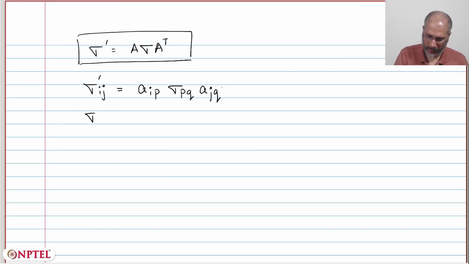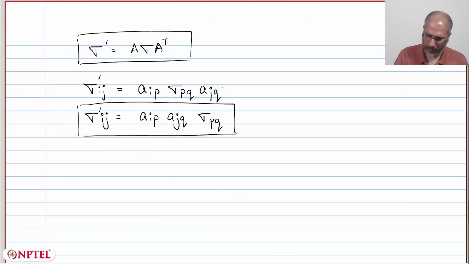We typically tend to write this with both the A's to the left: A_iP, A_jQ, sigma_PQ. Since we had R and S, this is T and U.